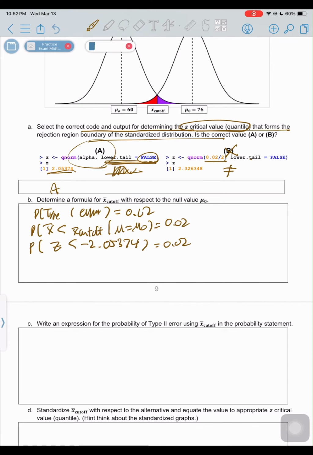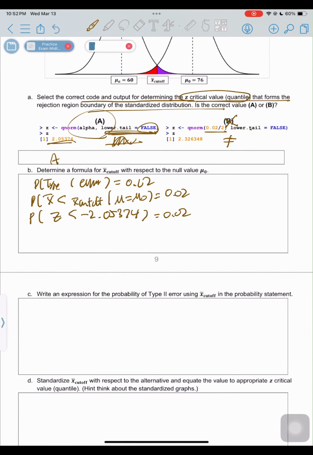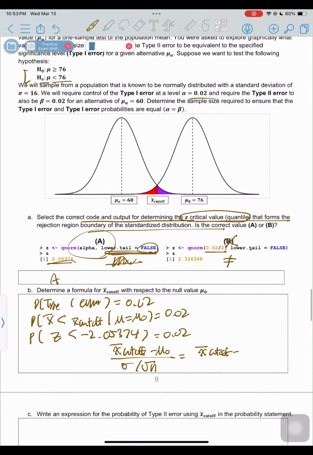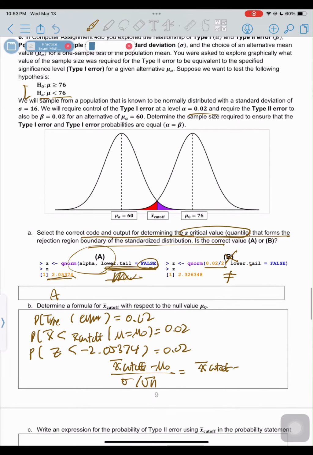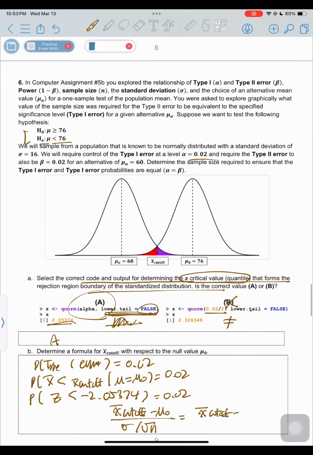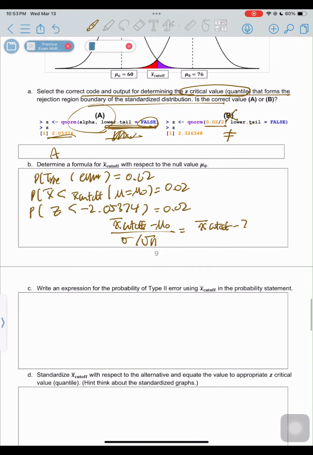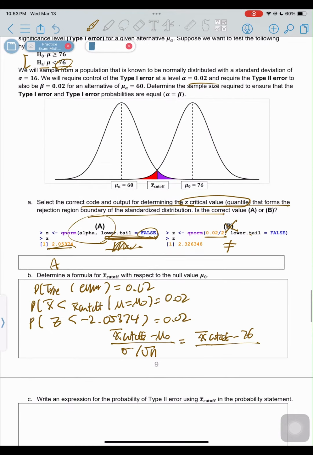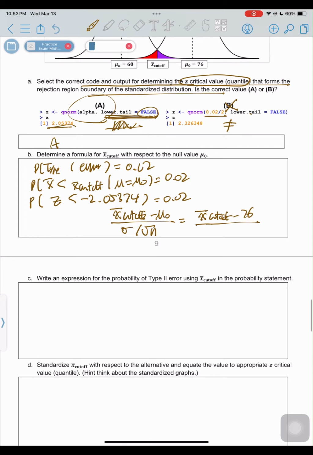And then you can write the cutoff formula as X cutoff minus mu naught over sigma divided by the square root of n. The mu naught value is 76, and the sigma value is 16, divided by square root of n.